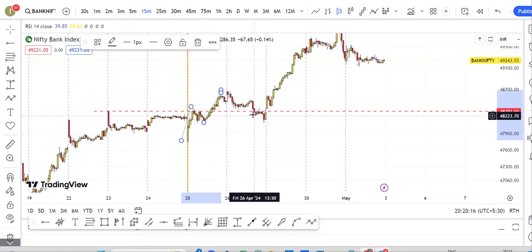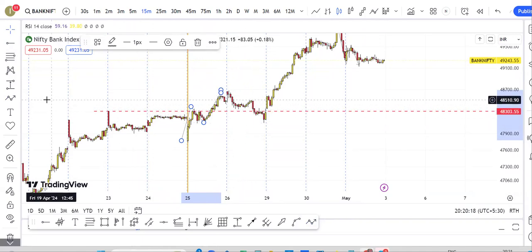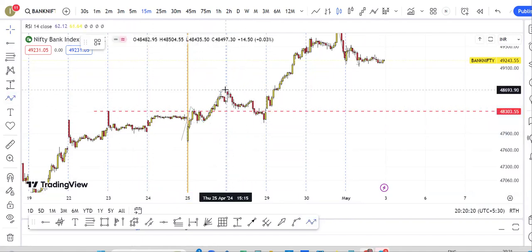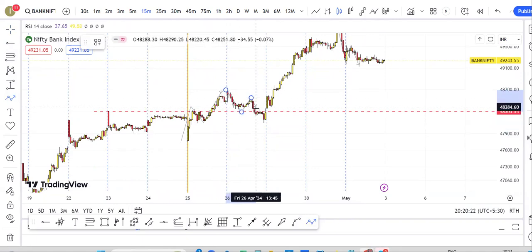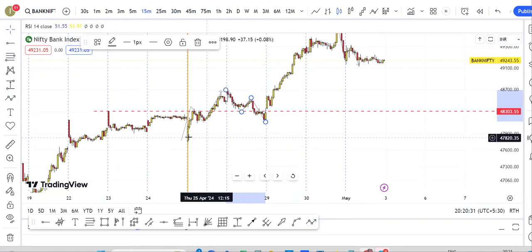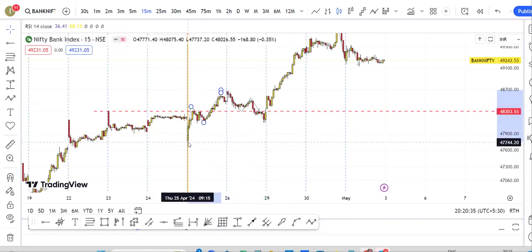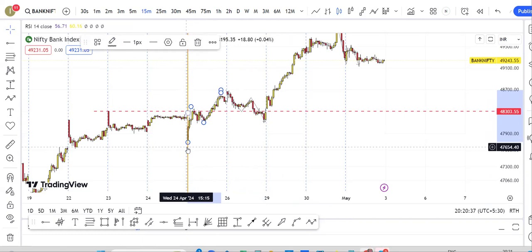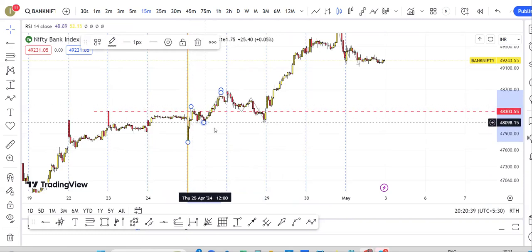Later, what happened on the next day? It started coming down. How did it come? See, it was a gradual down day, but the structure was not violated. How? This was the structure. It made a high, it made a low.